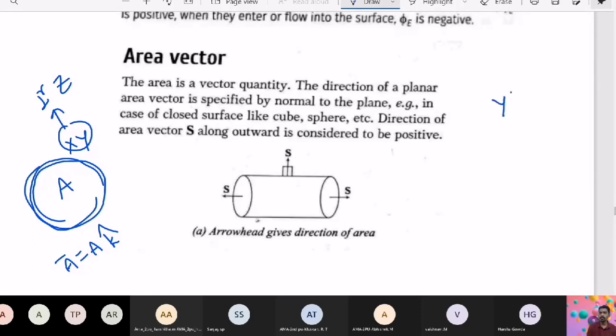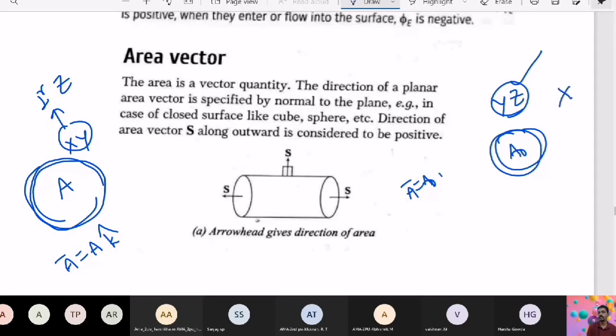Or the area is, suppose, in the YZ plane, area suppose A naught. Then A bar will become A naught, the YZ plane surface. Perpendicular to the surface means perpendicular to the YZ plane, which means X direction. That means I cap.